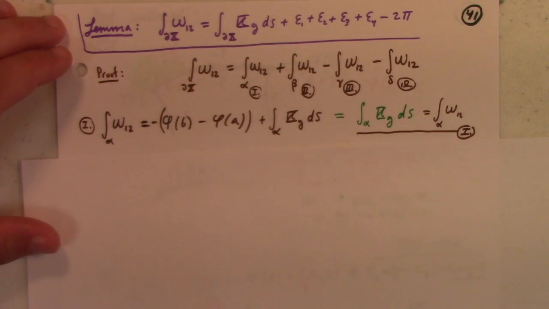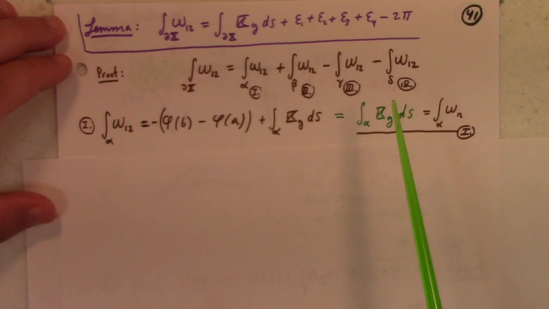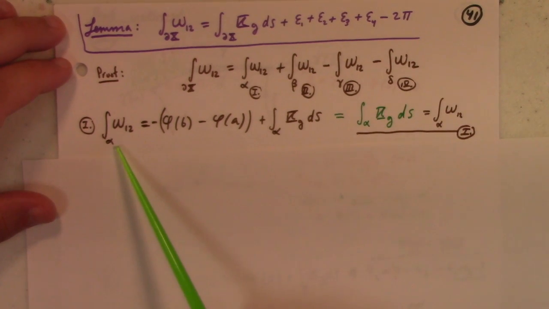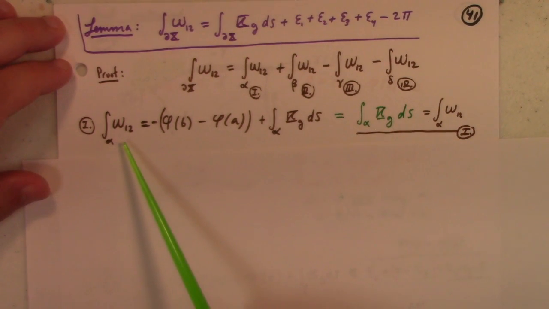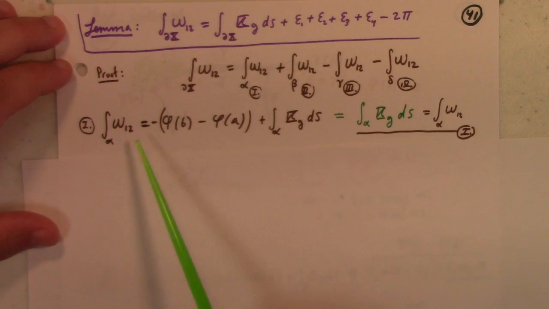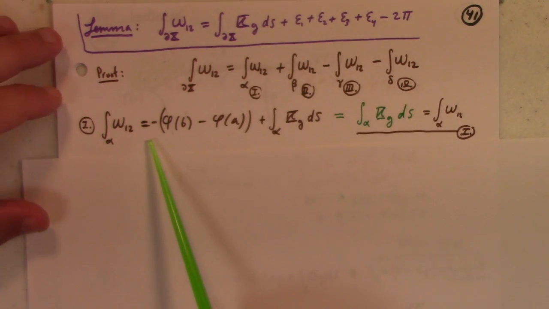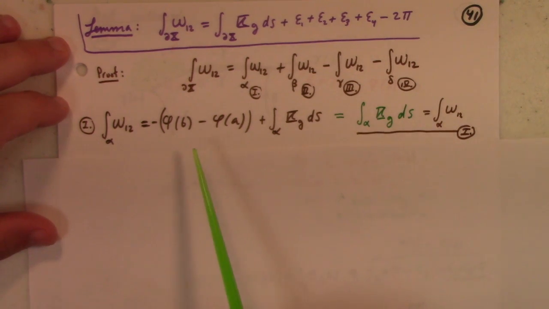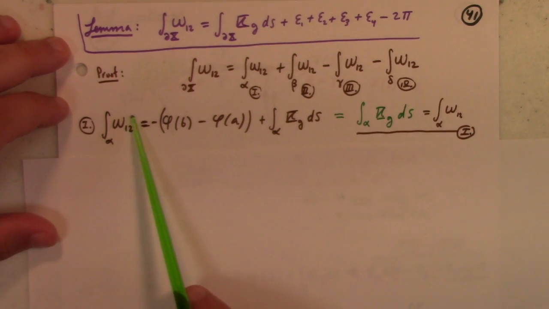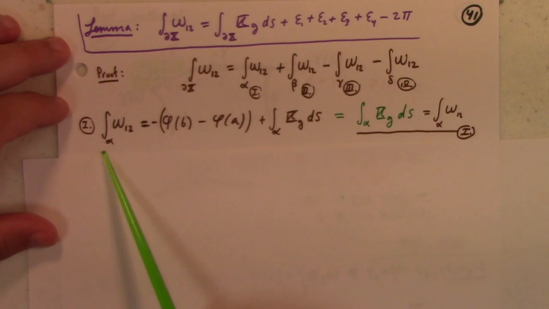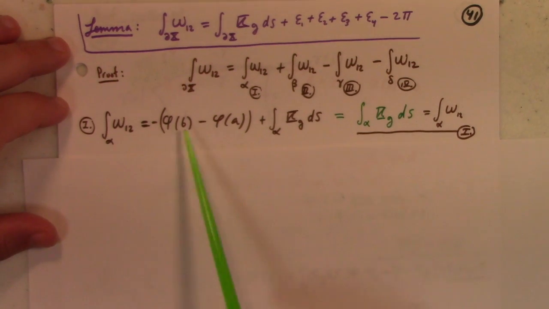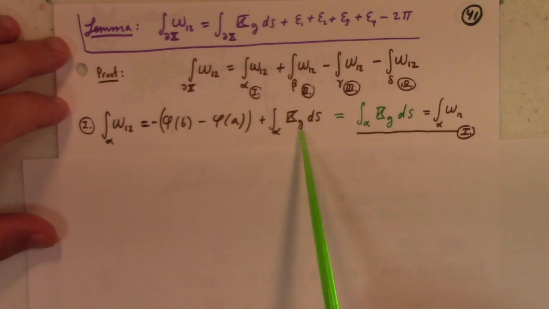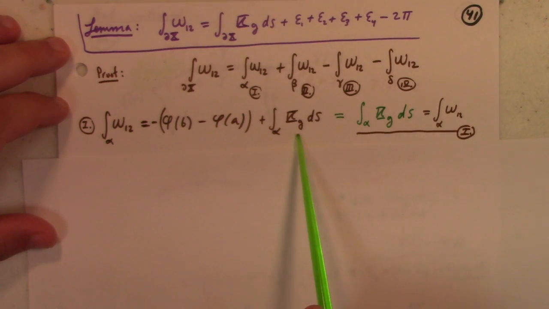So what do we got here? For each one of these, we go back to that lemma or proposition or theorem, I forget what we called it, in the last lecture, where we showed that the integral of the connection form along a curve was the difference in the phi angle plus the integral of the geodesic curvature along the curve, right?